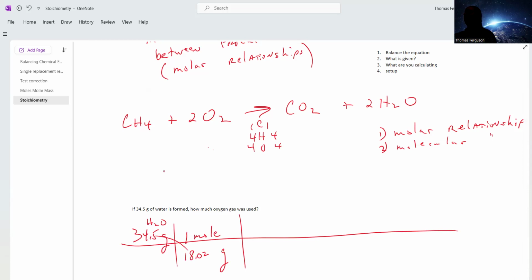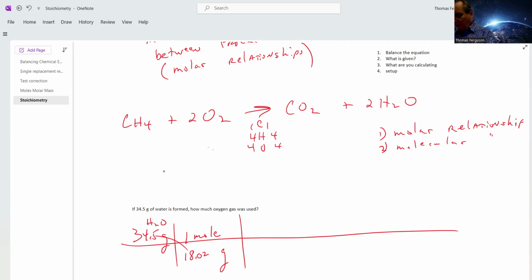Now, does everyone know where I got the 18.02? Okay, periodic table decimal numbers. Add them up: 1 oxygen, 2 hydrogens, 18.02. Okay, now we have moles of water. Now we get to figure out how many moles of oxygen. Okay, that comes from the balanced equation, the coefficients.